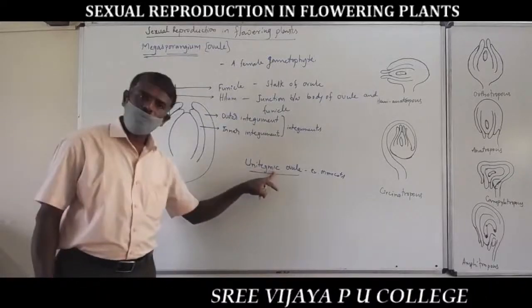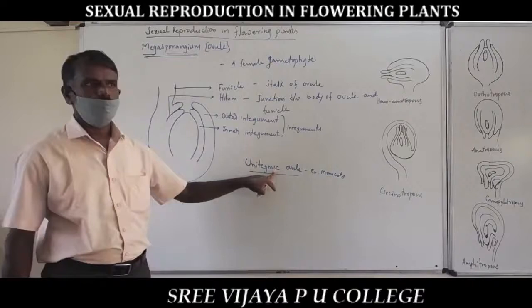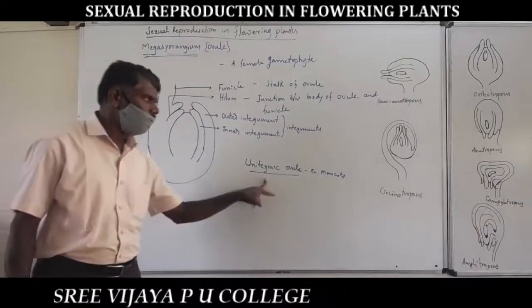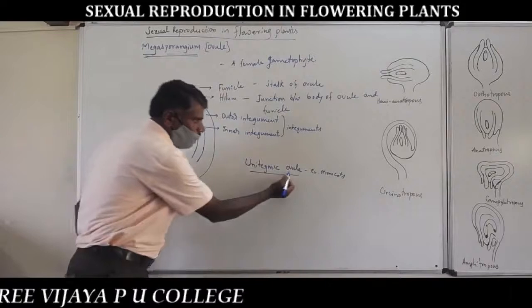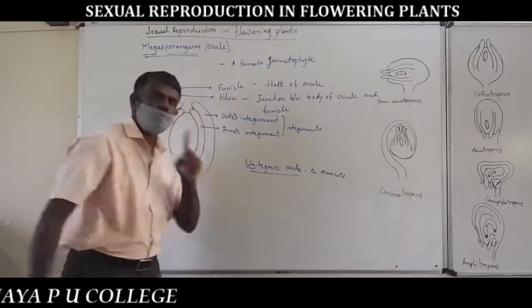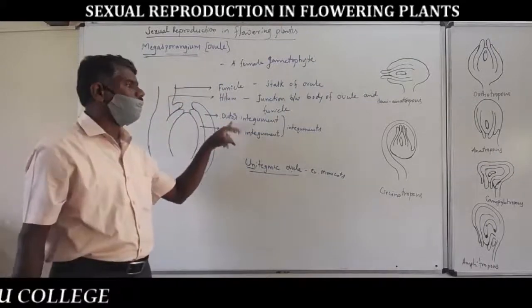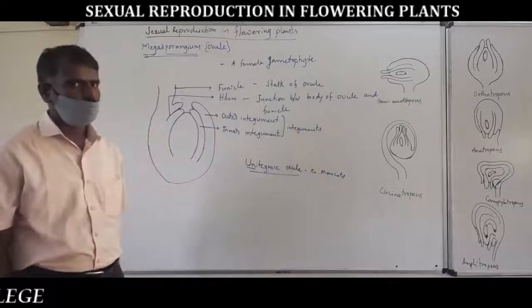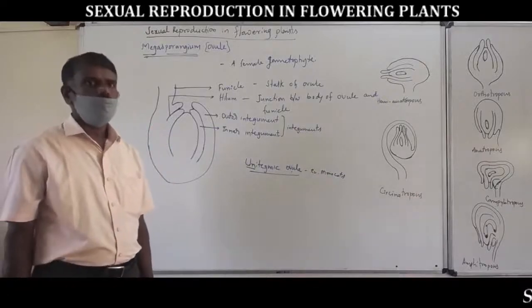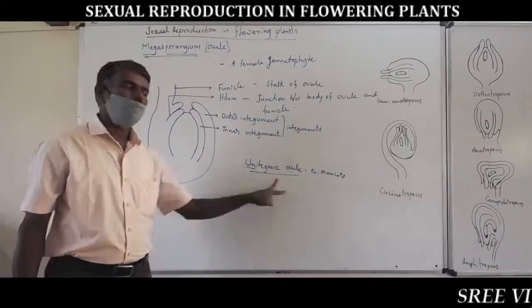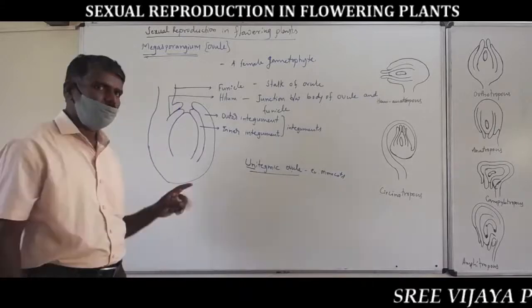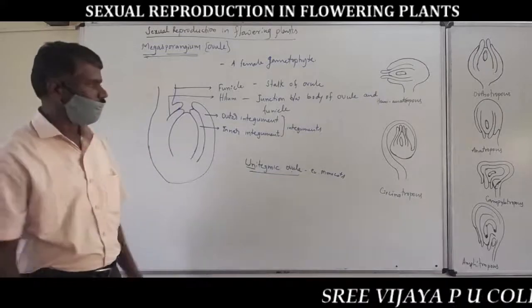Tegma or tegmen means covering layer. So a unitegmic ovule consists of only one integument.